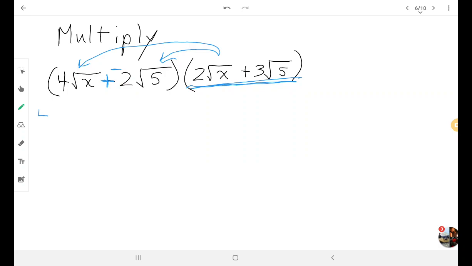We're going to have that 4 times the square root of x, and it's going to be multiplied by that 2 times square root of x plus 3 times square root of 5. And that takes care of the first distribution part.